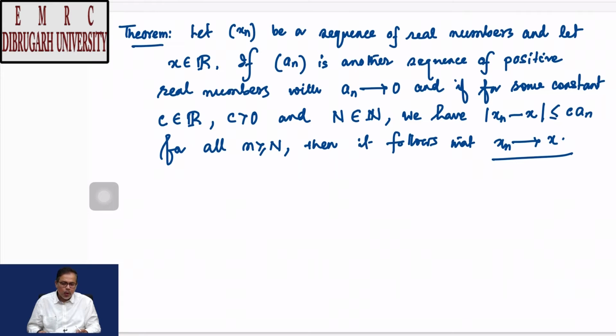This is one type of a dominated convergence theorem, where we have to take the help of another sequence an of positive real numbers, and this sequence is converging to 0. Now the proof goes as follows.